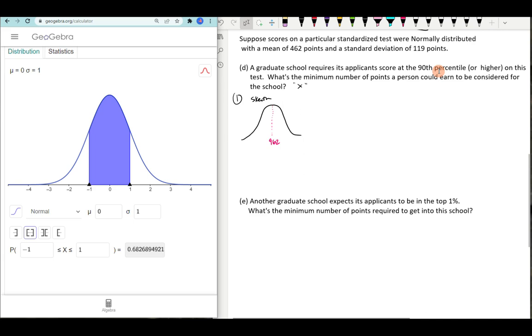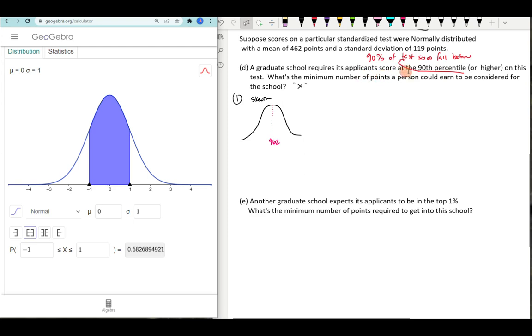So as a reminder, 90th percentile means that 90% of test scores fall below this point. That is the definition of a percentile. It means 90%, or whatever percentile you have, that percent fall below that given value.